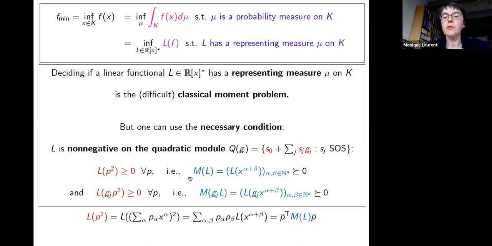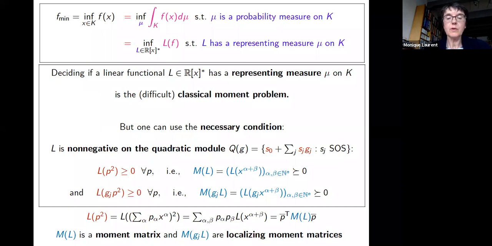And this can be reformulated as asking that a certain matrix M(L) should be positive semi-definite. This matrix M(L) is known as the moment matrix of L, and it's a matrix indexed by monomials alpha, beta, where the alpha, beta entry is L evaluated at the product of the monomials x^alpha and x^beta.